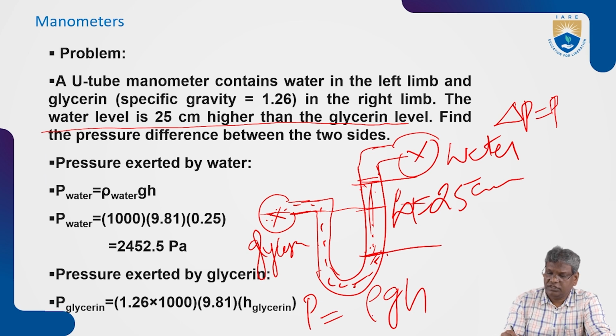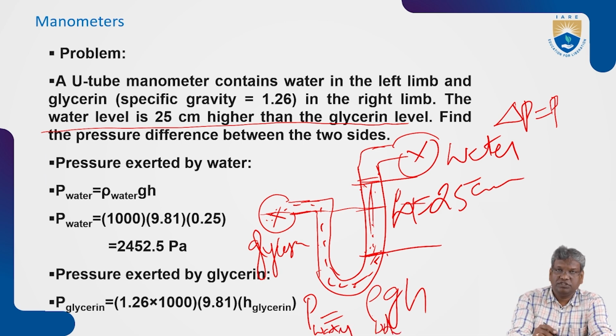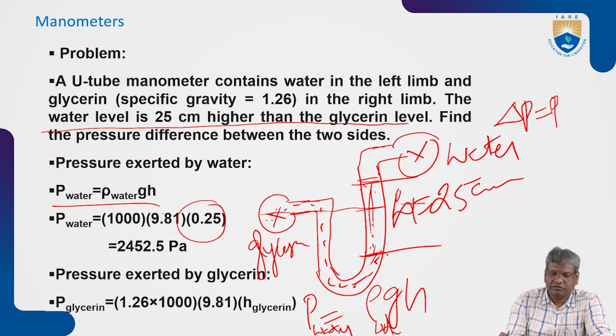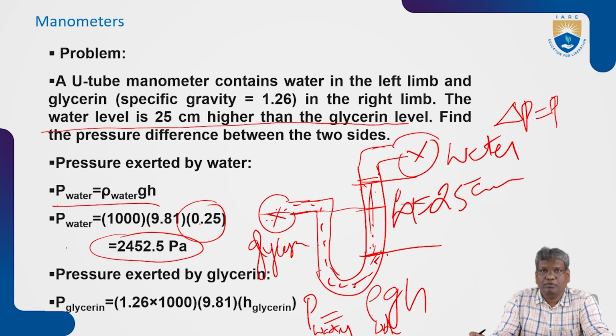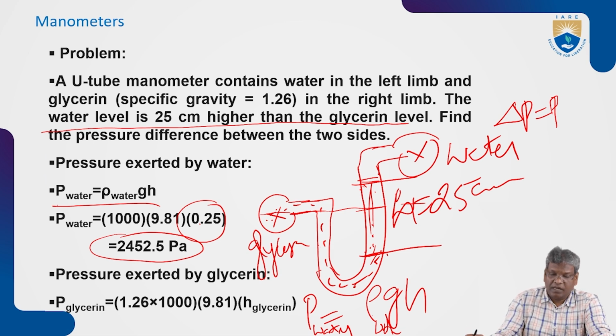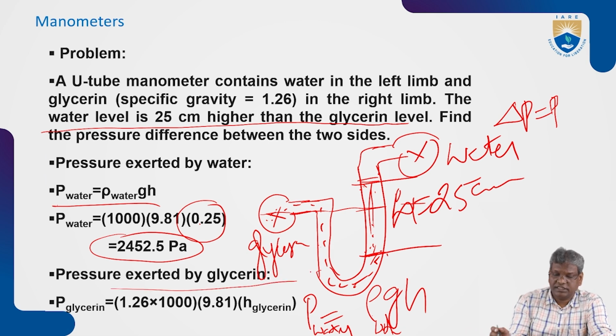Rho is the density, so for water, rho of water into 9.81 into h, the difference of heights, 25 centimeters, but you should convert it into meters. So it is around 2452.5 pascals.